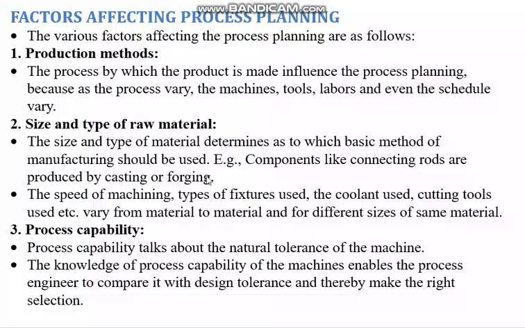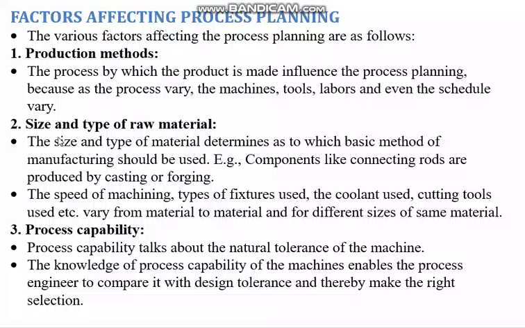These vary from material to material and from different sizes of the same material also. The size and type of the material determine which basic manufacturing process should be used. For example, if connecting rods are to be produced, you have to adopt either a casting process or a forging process.